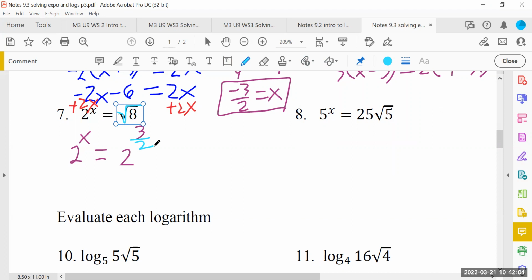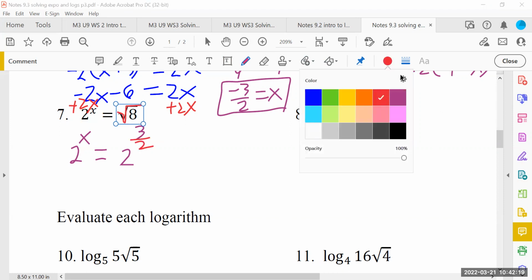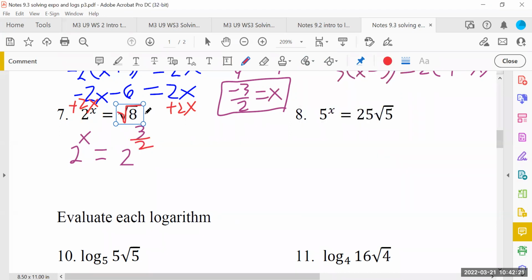Is that too bright? Can we read it? Everybody's good? The square root means 1 over 2 as an exponent. So that becomes 3 over 2. And this one is already solved then. We'll leave it as red then. Maybe that'll be easier to see. The square root is over 2, right? 8 is 2 to the 3 over 2 power, just like we did in unit 6. So my answer here, x is equal to 3 over 2.